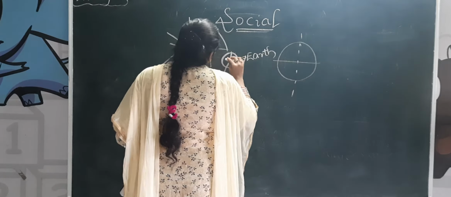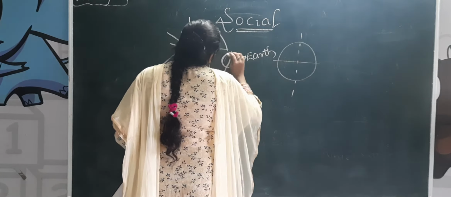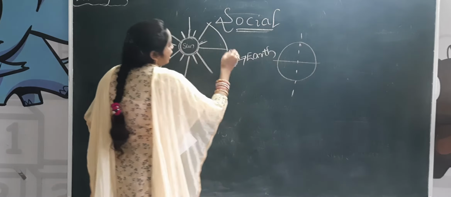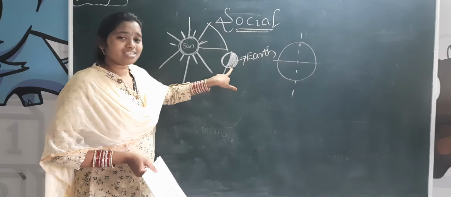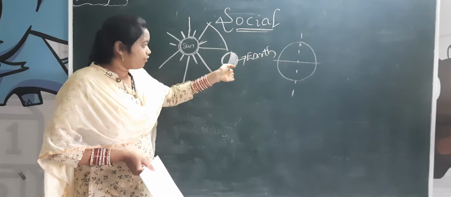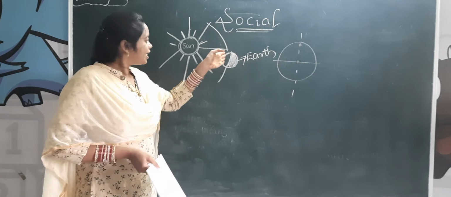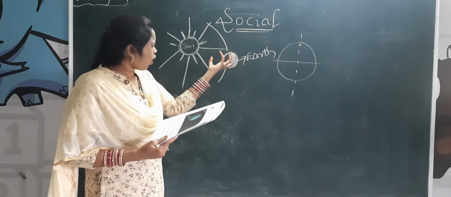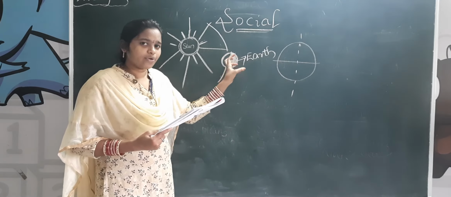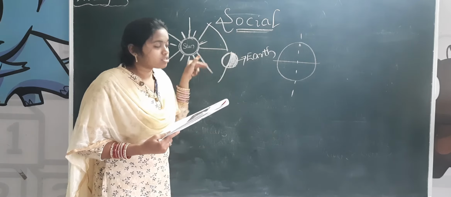Half of the part that faces the sun experiences daytime. The other half, which does not face the sun, experiences night time. So here the timings are different. Night time means maybe 12 after night, here afternoon 12, here night 12. It always rotates, and it revolves around the sun.